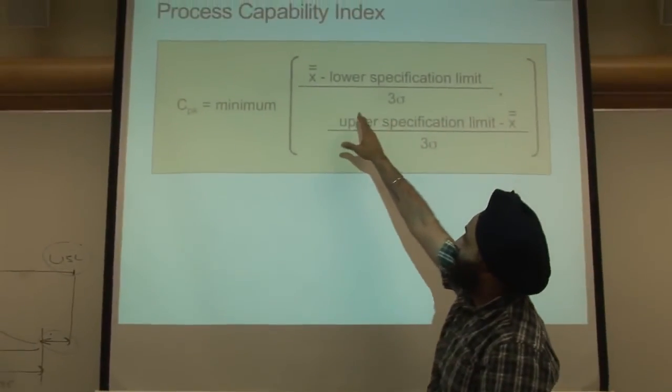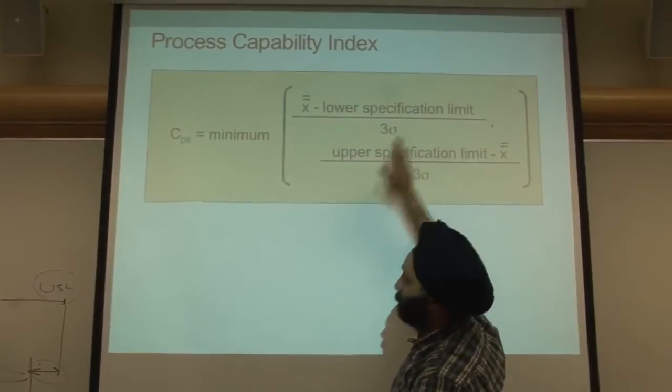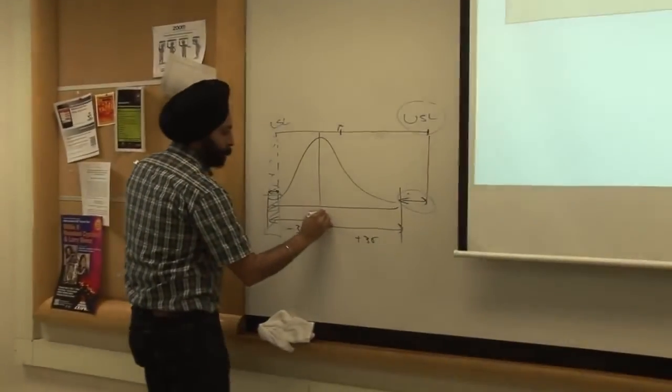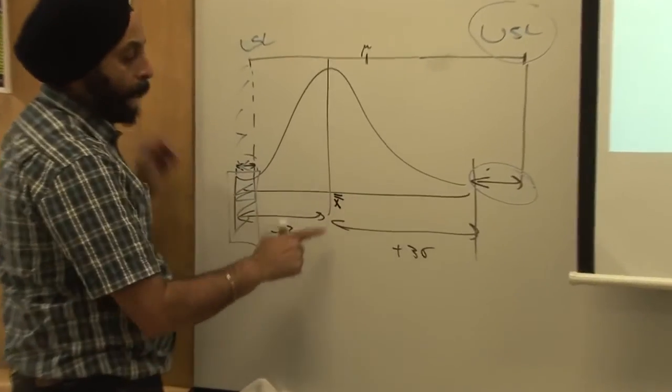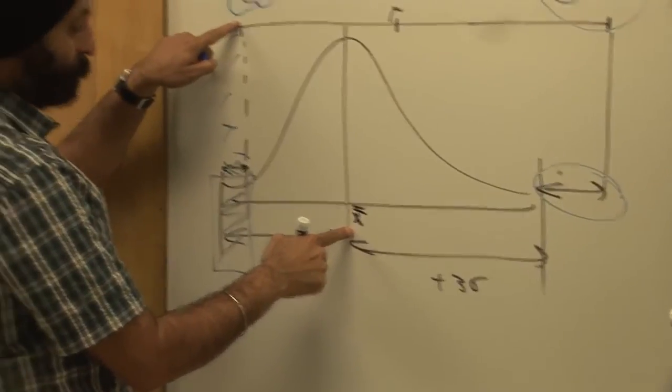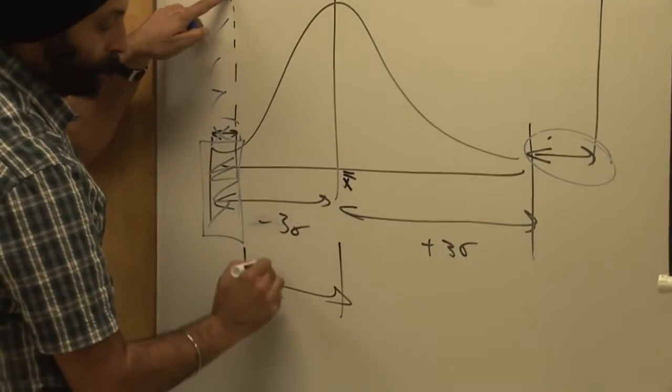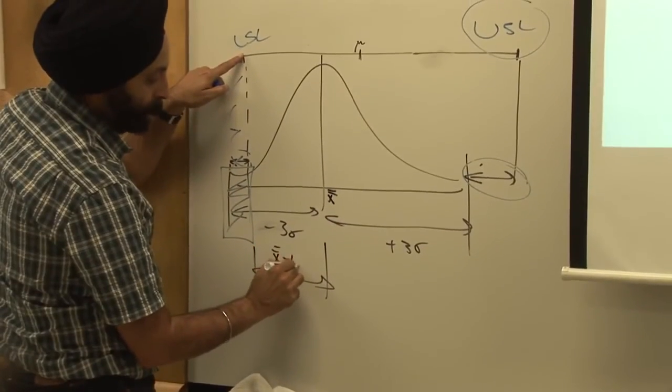So in this case, what we really need to do is take the x bar bar minus the lower specification limit. What I'm trying to do is find this number. So this is x bar bar minus LSL.